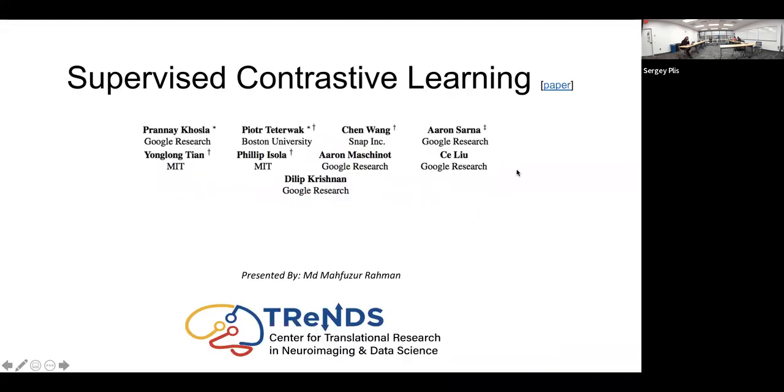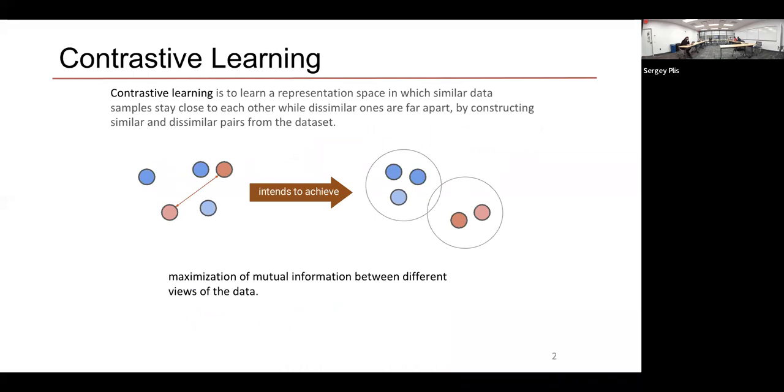Okay, so let's first review what is contrastive learning. Contrastive learning actually works based on a data set that consists of pairs of samples, and there can be multiple positive pairs and there can be negative pairs. And in the following slides, I will be going through how these pairs are actually formed to make the data set.